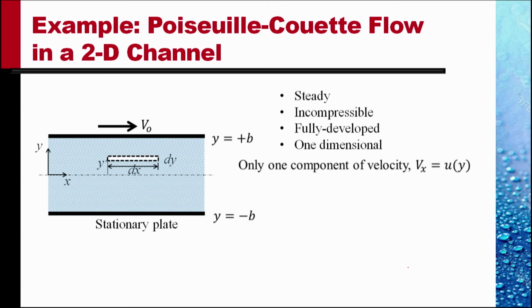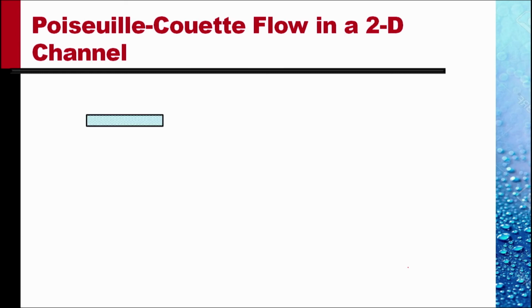Now let's consider a small element or a control volume within this of length dx and height dy. Let's take this out. There is a pressure force P dy acting on this face.